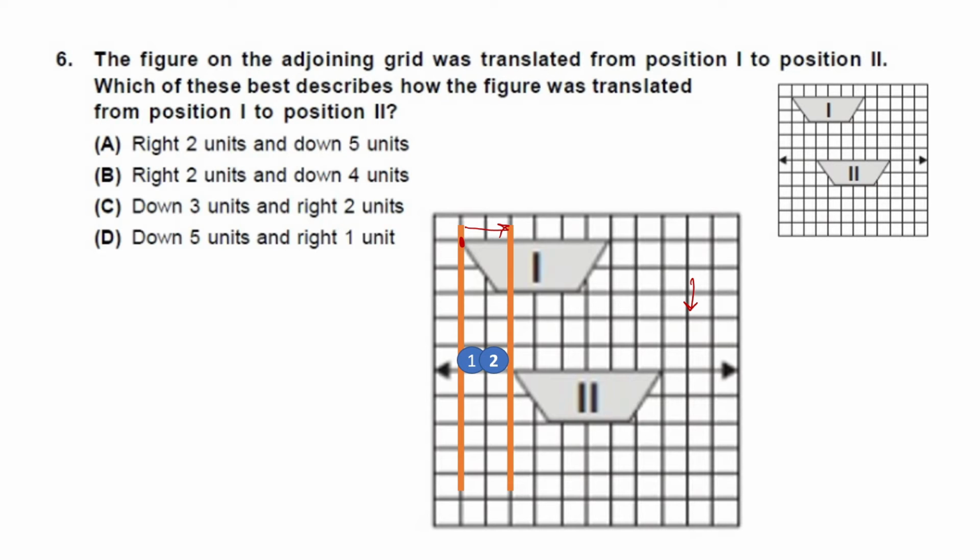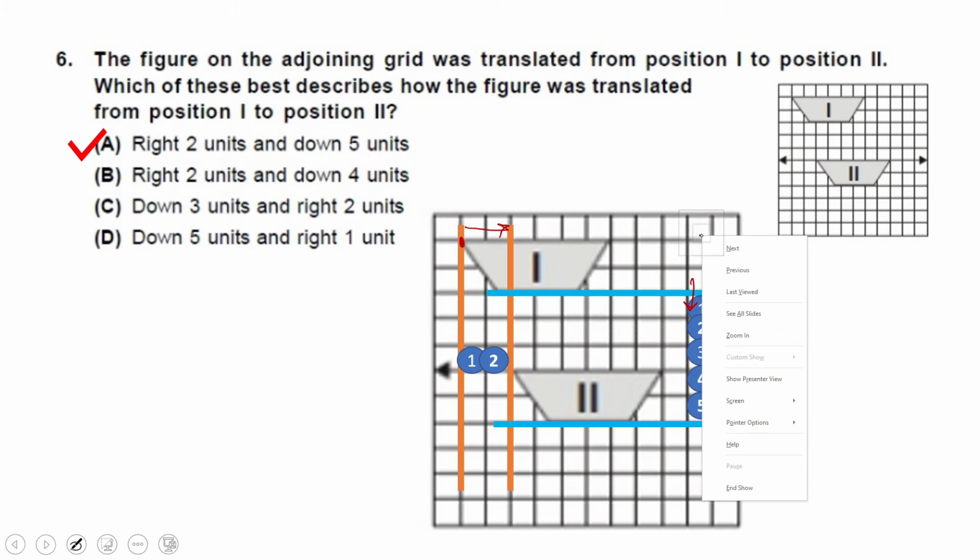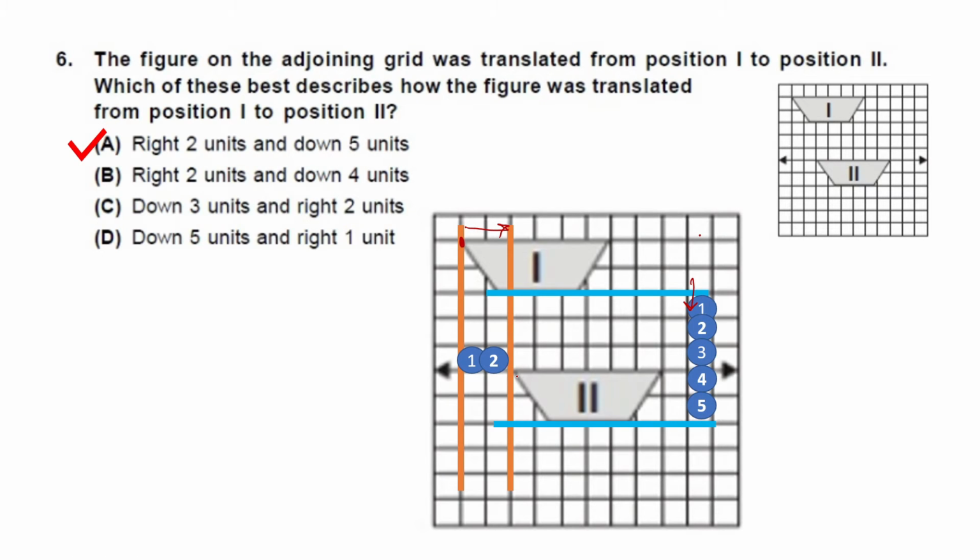And then from the lower edge, which is here, the final point it lands is the lower edge of the below figure, which is 1, 2, 3, 4, 5 units down. So that means the answer is right 2 units and down 5 units, which is option A. Remember to plot the points from the same position of the above and below figure, which will give you the right answer.